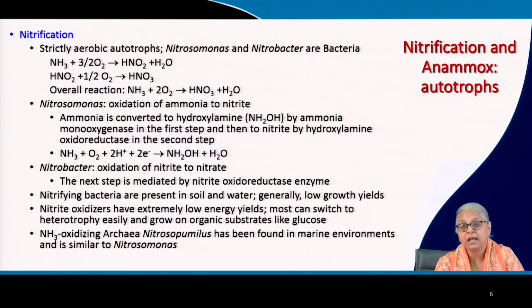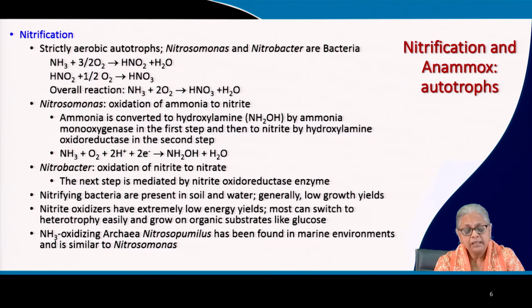They generally have very low growth yields, which is typical of autotrophic bacteria, because autotrophic bacteria do not rely on organic carbon. They are relying on CO2 as their carbon source. So generally their growth yields are very low. And because of that, their energy yields, as usual, I've shown you a correlation between energy and biomass. So that is typical.